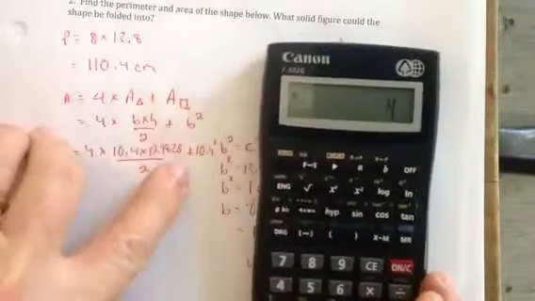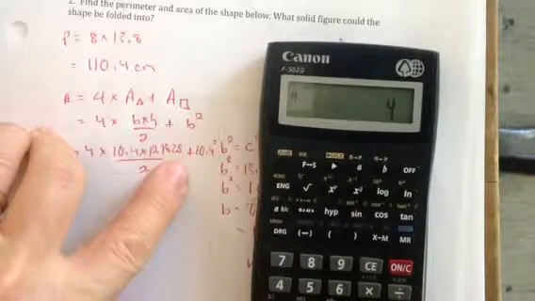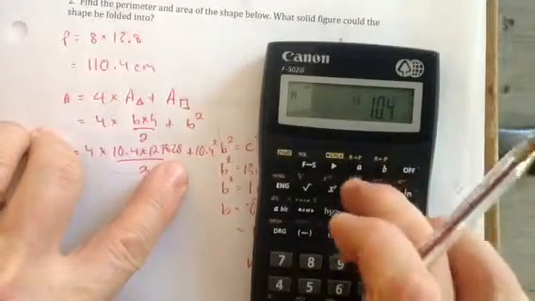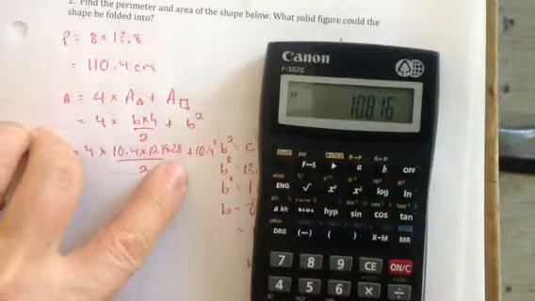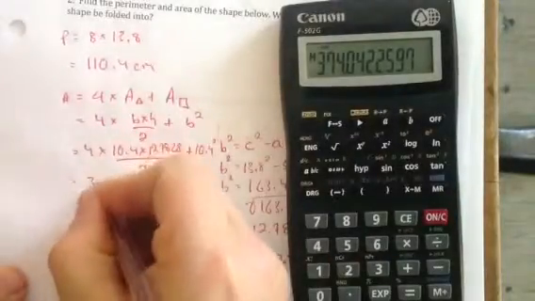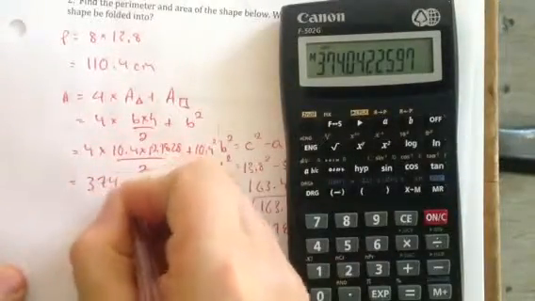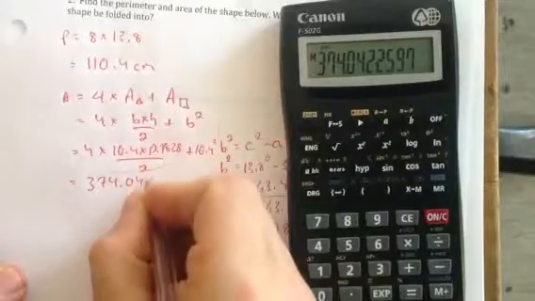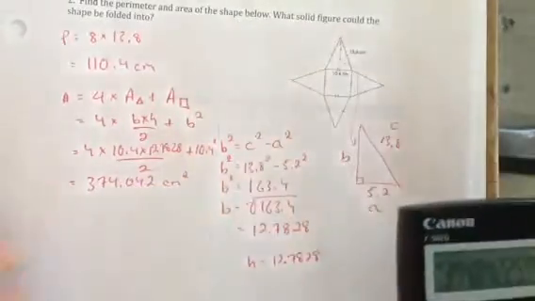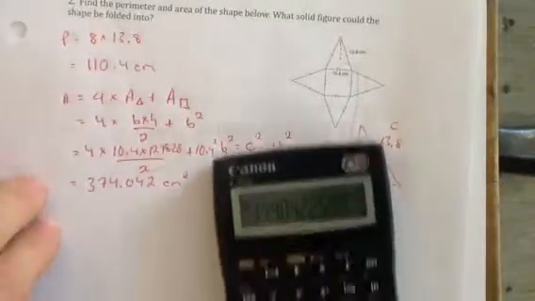Okay, and then I'm going to add that to 10.4 squared, is equal to, okay, and that gives us 374.042 centimeters squared. Okay, so there's the perimeter and the area.